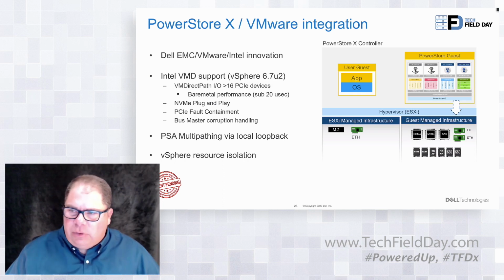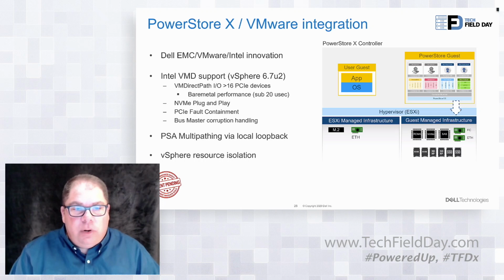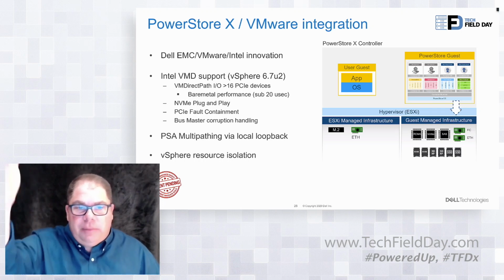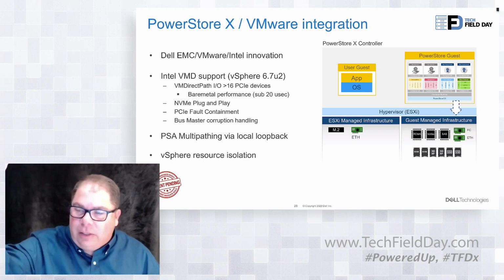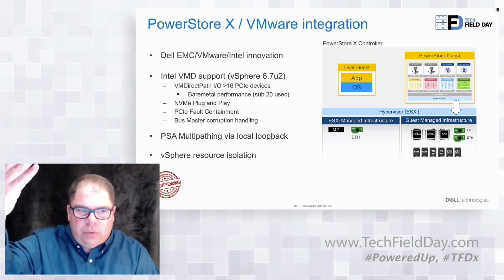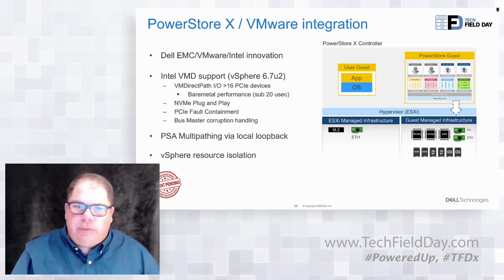PowerStore has 25 NVMe drive slots in the front. We also want the ability, Ray, like you were talking about before, to serve Fiber Channel, iSCSI block and file protocols externally, while at the same time having those user guests also access that same storage. So there are other devices that we need direct control over.